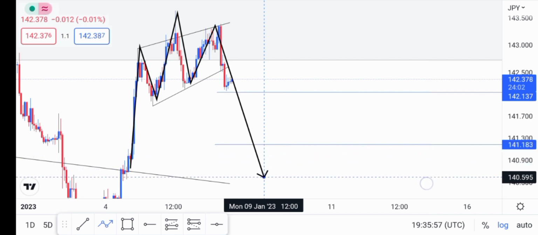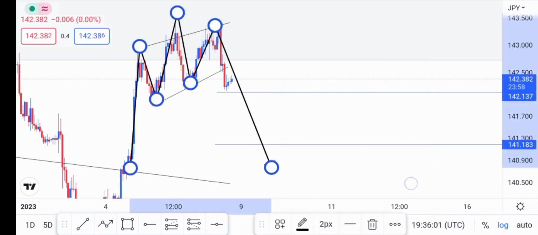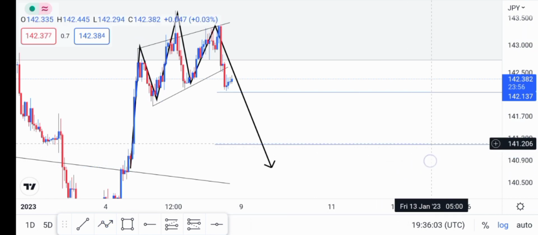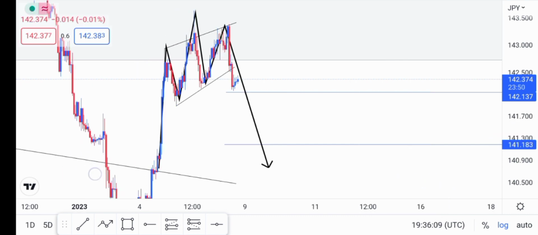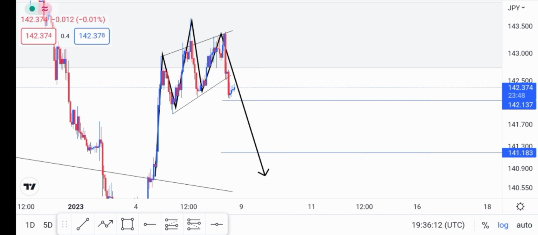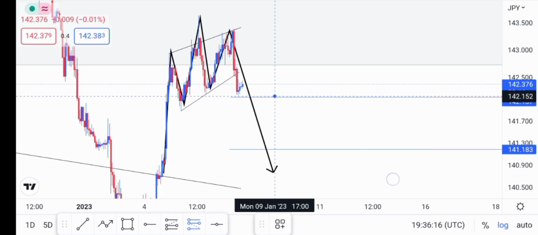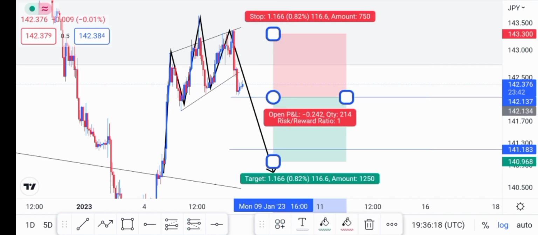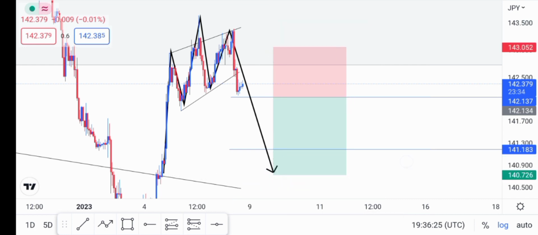Maybe up until here, but for us, we are going to capitalize up until right over here, not here, because it would be a little bit risky. If you were to take this trade, I'll say just wait for a bit or place a pending order right around here and put the stop loss above that level, and the overall target should be right over here.